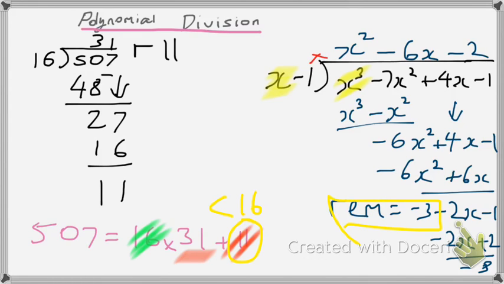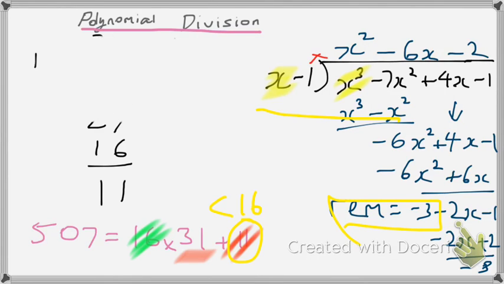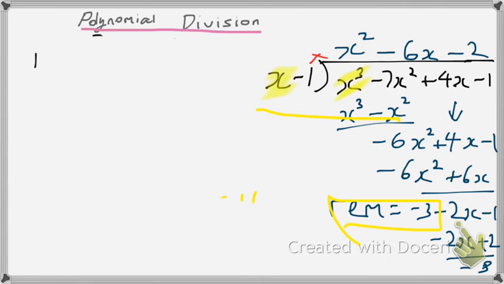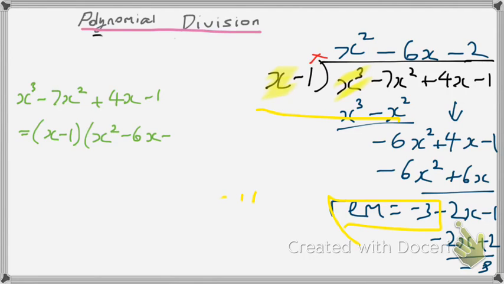So what does that mean? I'm just going to rub out the left hand side now. So that means if I want to express my polynomial in a slightly different way, I can say that the polynomial, which I call p, which is x cubed minus 7x squared plus 4x minus 1, is equal to the divisor, x minus 1, times the quotient, plus the remainder, which is minus 3.